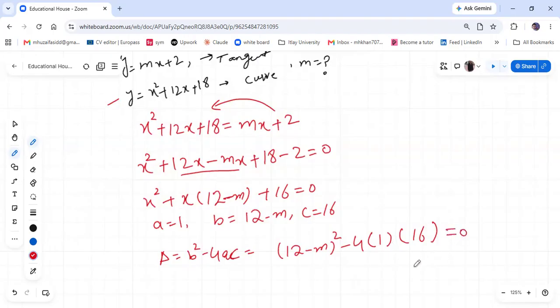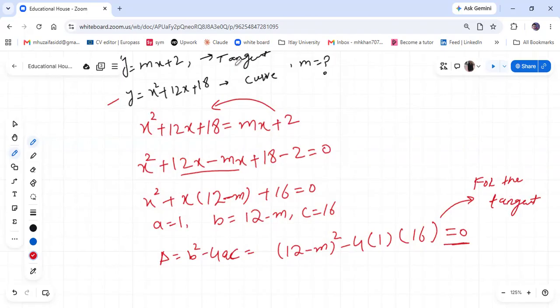Why am I setting it to 0? Because of the tangent condition that is given in our question. That's why we are using discriminant equal to 0.